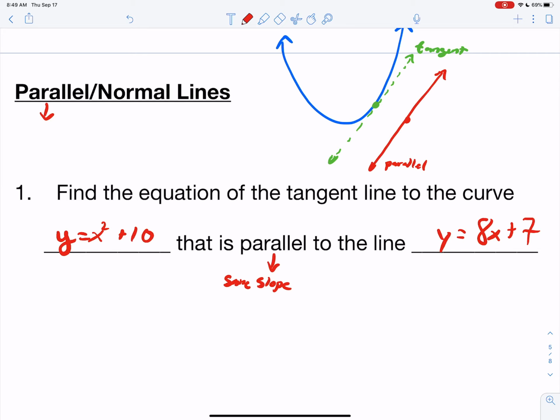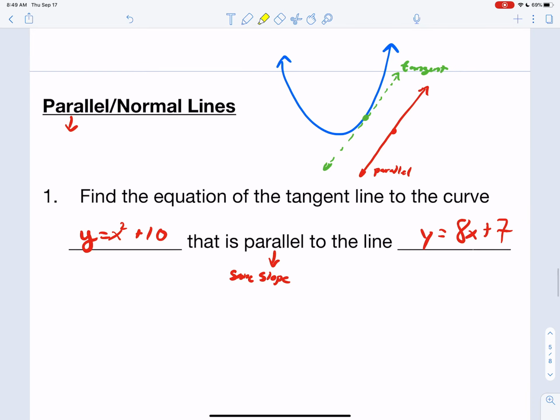Okay, so here's what we do. You guys have seen this phrase before, equation of the tangent line. I've been bugging you guys about it in a lot of videos. What do you need to make an equation of a tangent line? Okay, we need a slope and a point, right?